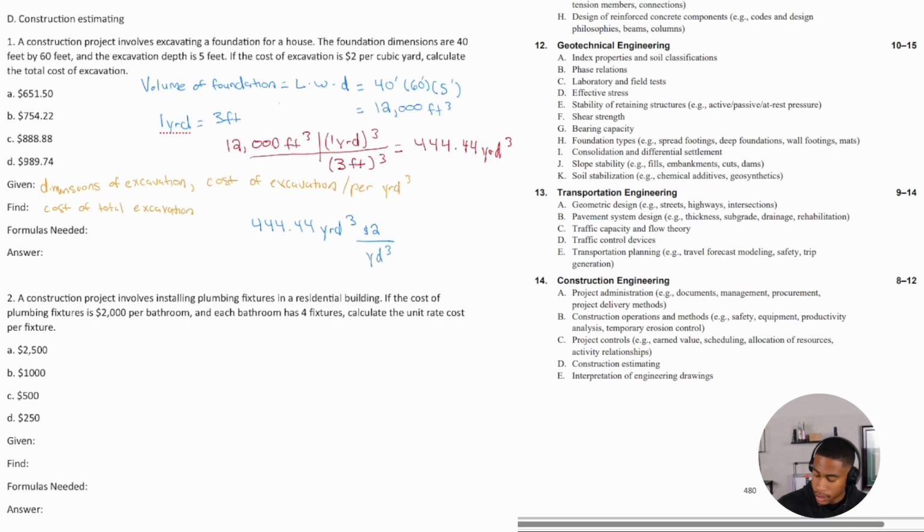So we just want the cost, so we're multiplying it. In the unit conversion, our yards cubed cancel, all right? And so we're left with 888.88, and that's dollars. So our answer is, in fact, going to be C.